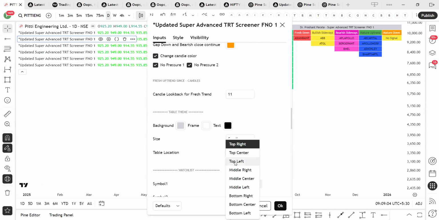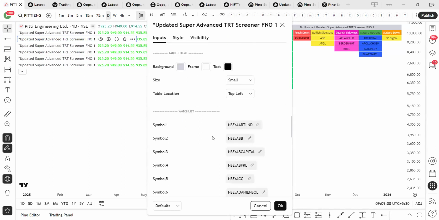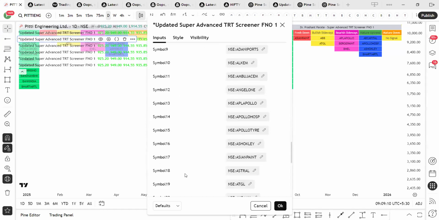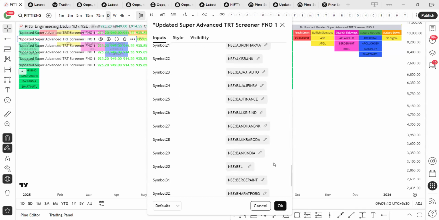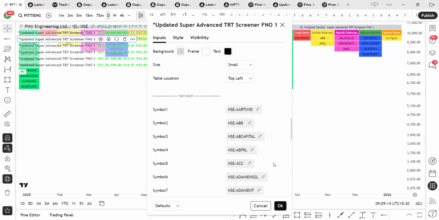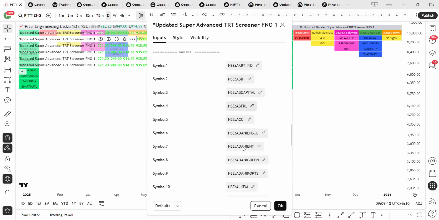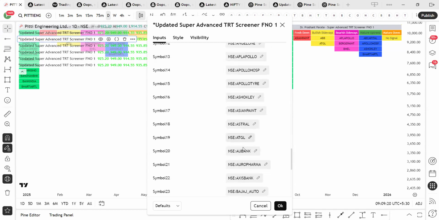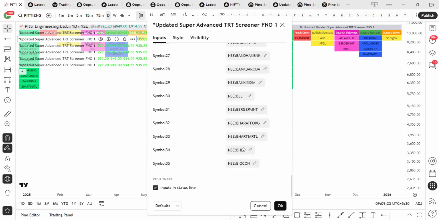Top right, top left. So you will get a screener on the left side and then you can see the symbol list. There are 35 symbols here. You'll have to change all the symbols one by one. This will be a one time process.